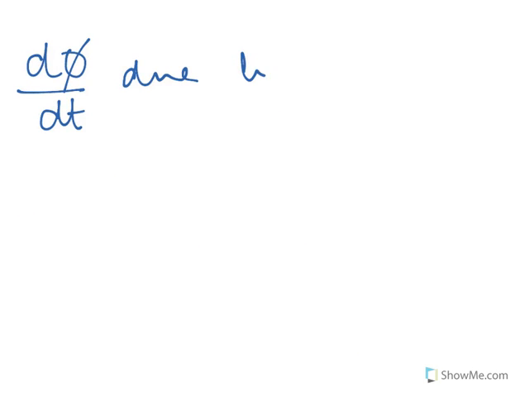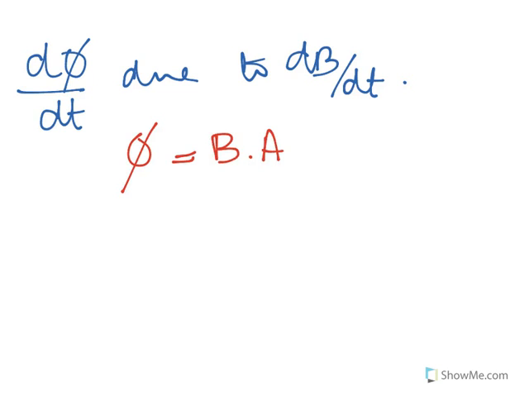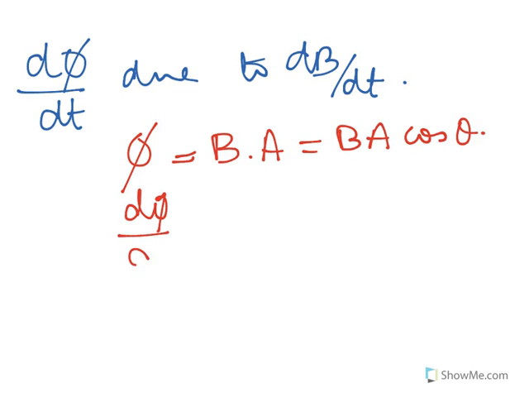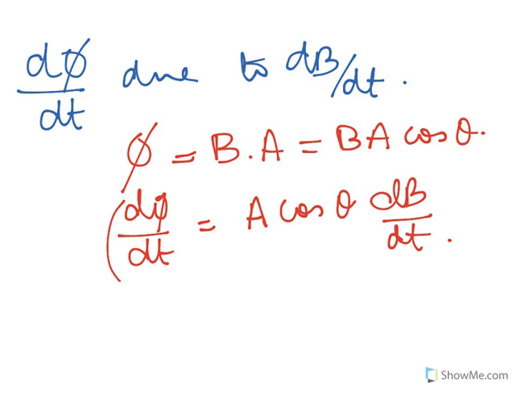So now we are talking about change in flux due to dB dt. We can write that since phi is equal to B dot A or BA cos theta, d phi dt can also be written as A cos theta dB dt when d phi dt is due to dB dt.